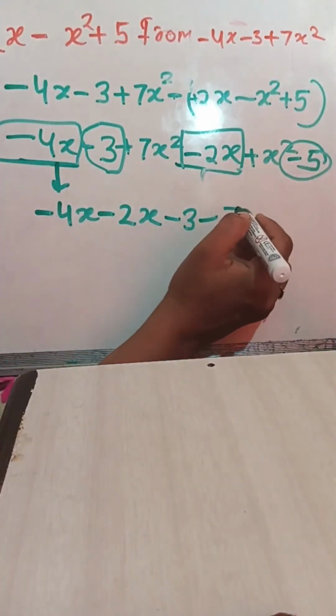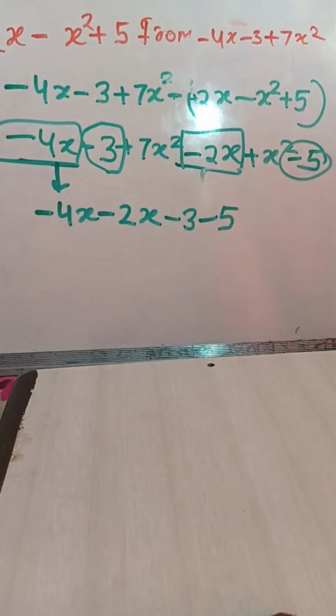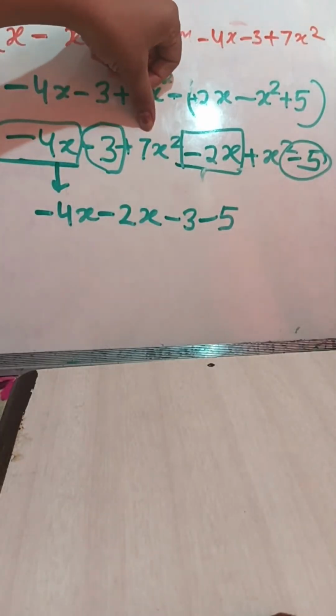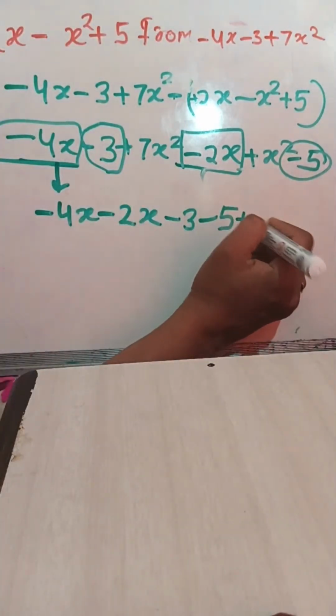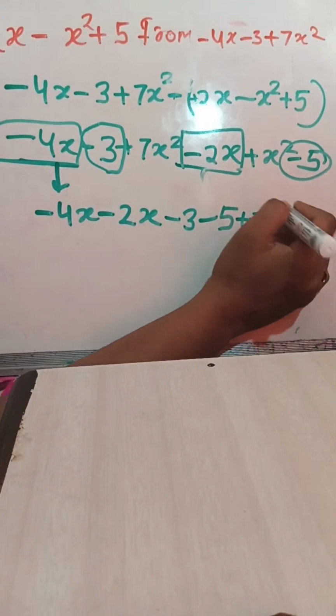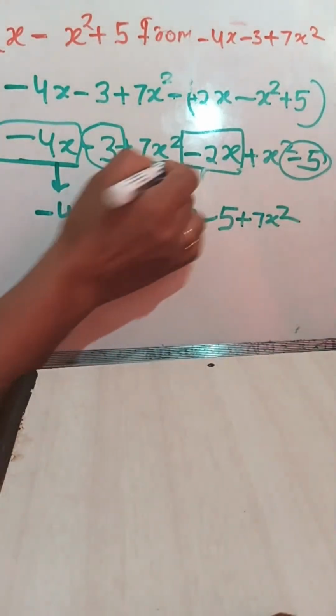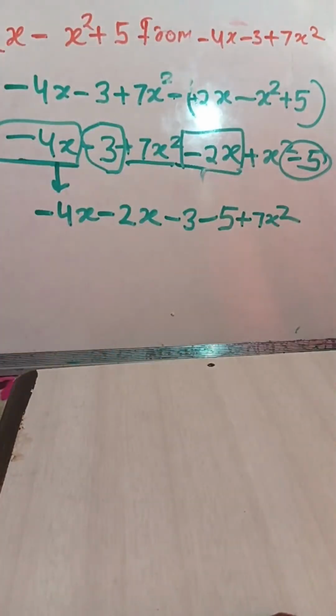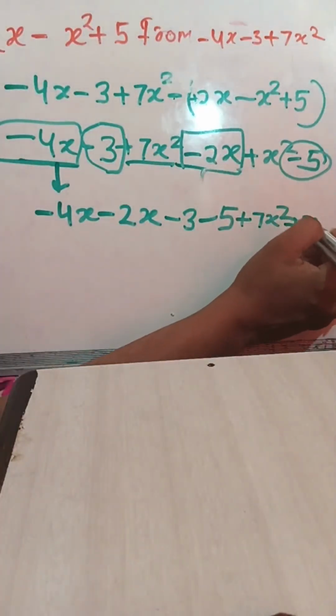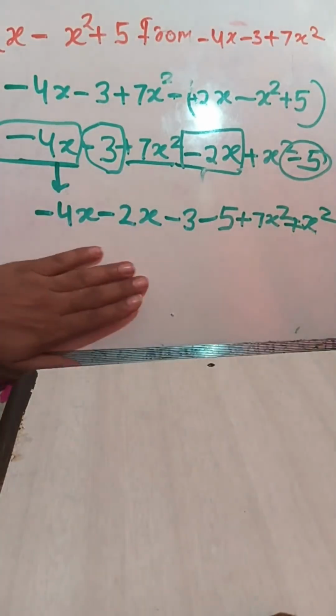We write down minus 5. Now we have plus 7x square and plus x square. Now we arrange like terms.